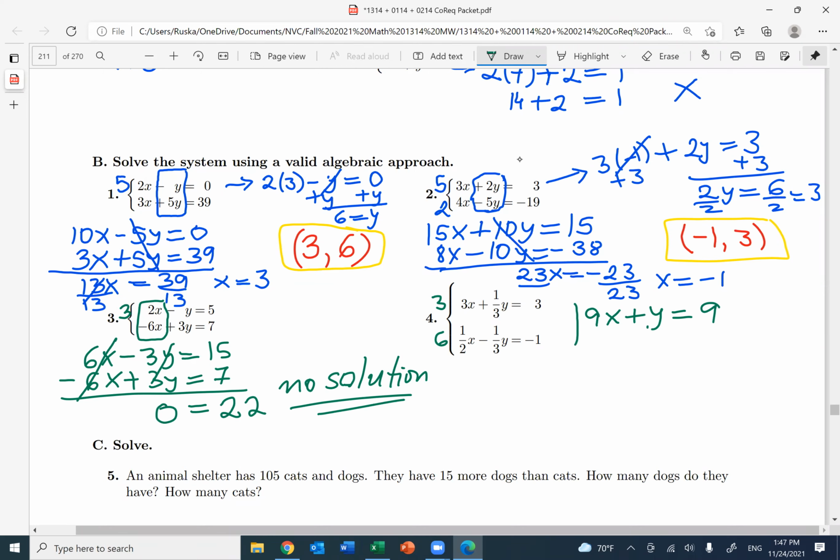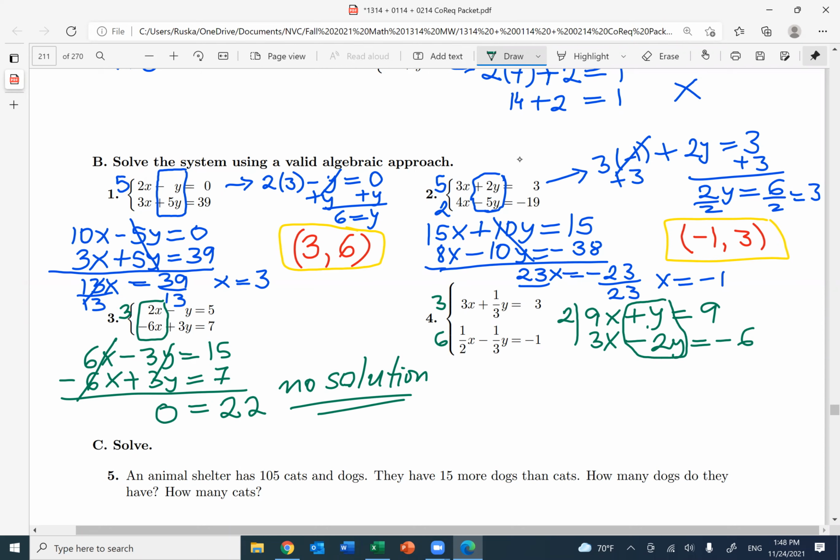And then the other one is going to be 3x minus 2y equals negative 6, because 6 divided by 2 is 3, 6 divided by 3 is 2. And then which one do you want to cancel? Obviously, we're going to start with the y, because you have plus and minus, it's easier that way.